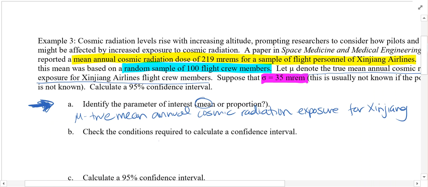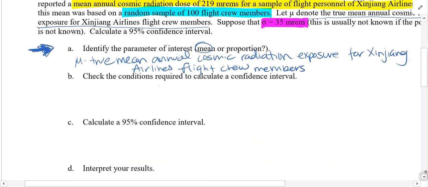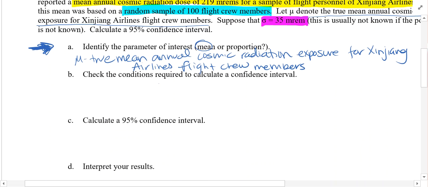Our sample is just from this airline's flight crew members, not all airlines. So we want to be able to know what our results can extend to. Here we're not talking about other airlines like United and Southwest. We're just talking about this specific airline.